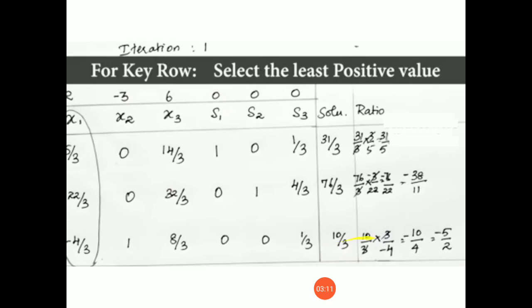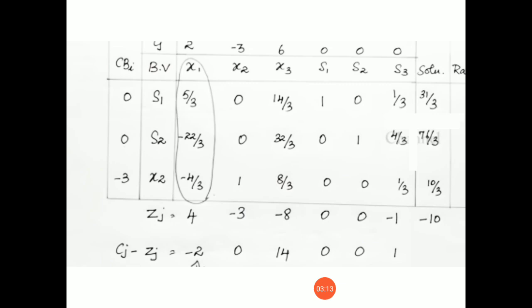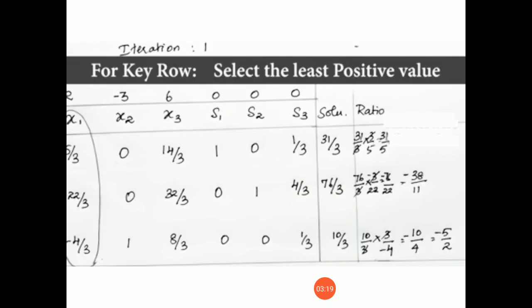Similarly, for the third element of the ratio column, it is 10 by 3 divided by minus 4 by 3, and we will get minus 5 by 2. So in this way we have got all the elements of the ratio column.